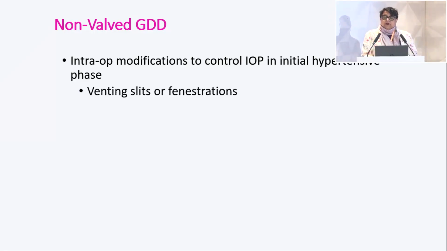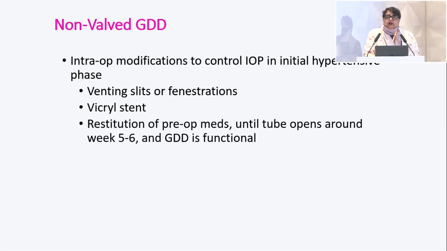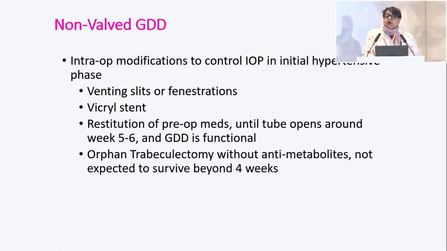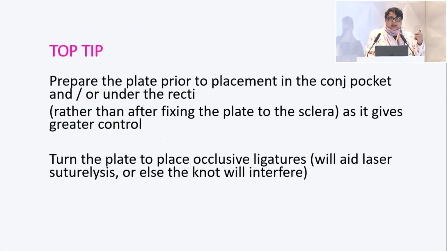Intraoperative modifications that you can do to overcome the initial hypertensive phase, because you've occluded the tube, are venting slits or fenestrations. You can use a Vicryl stent as well, or you can restart medications, or you can even do an orphan trabeculectomy, meaning without antimetabolites, something which is only expected to last 4 to 5 weeks, and you're not going to work heavily with it to make it succeed.